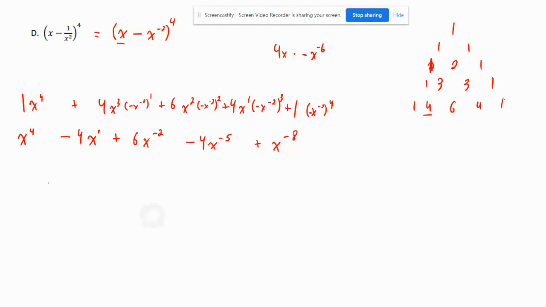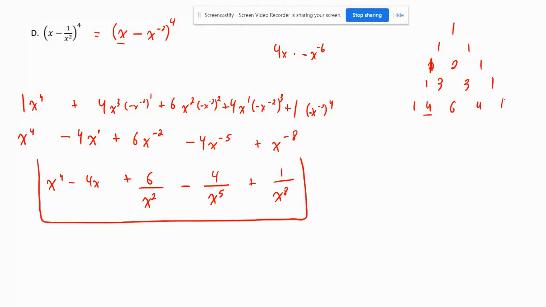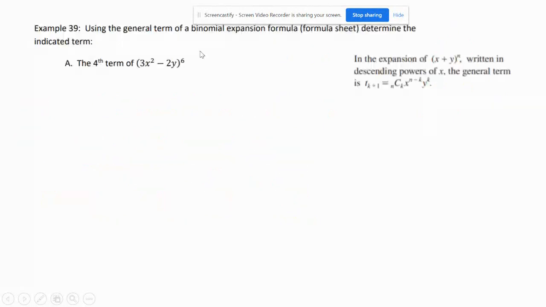So this gets x to the 4th minus 4x plus 6 over x squared minus 4 over x to the 5th plus 1 over x to the 8th. And this is x minus 1 over x squared to the power of 4.